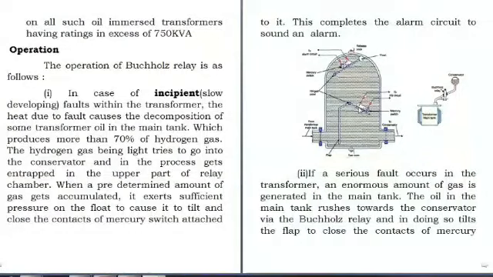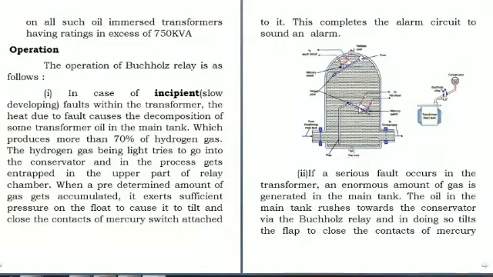It makes the switch close, so that it completes the alarm circuit to sound an alarm. So it has been identified that a fault has taken place inside the transformer, so that the precautionary measure can easily be taken by using this operation. That is the basic concept.